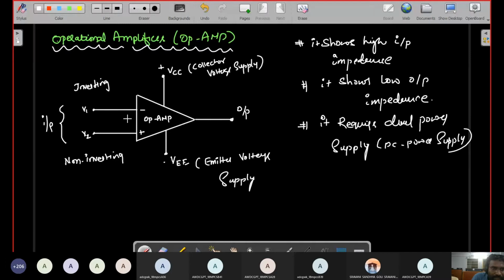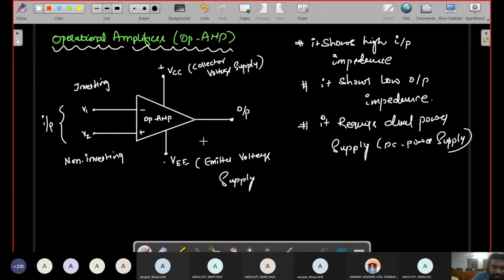So you can use this operational amplifier only with one input terminal. Suppose you are operating this operational amplifier in inverting mode, that means your non-inverting terminal is always connected to ground. Otherwise you can operate it in non-inverting mode, then definitely your inverting terminal will be connected to ground. Then only it is a single input and single output device.